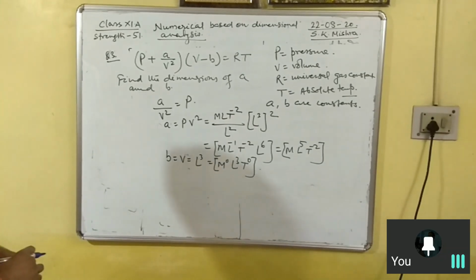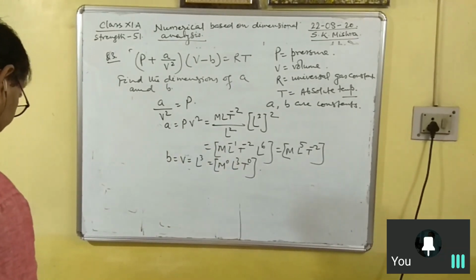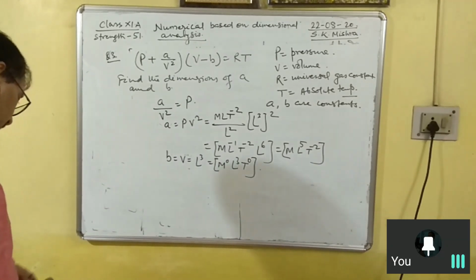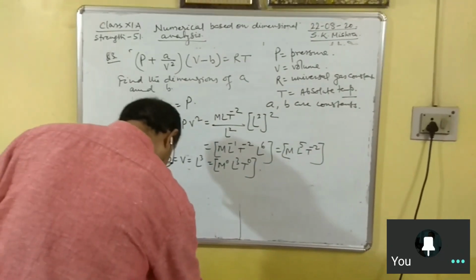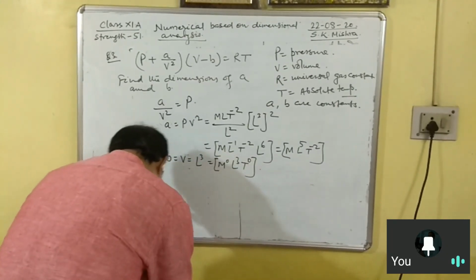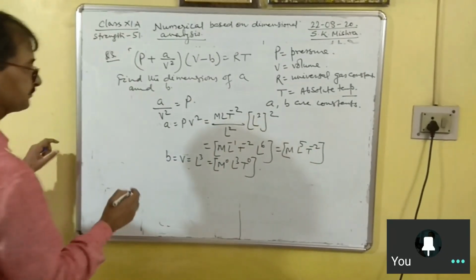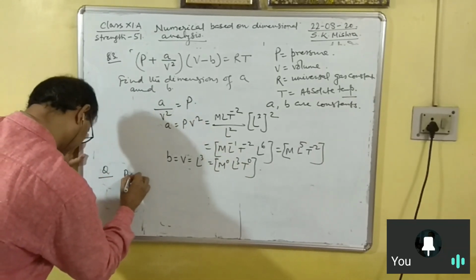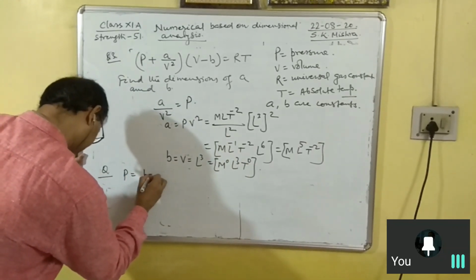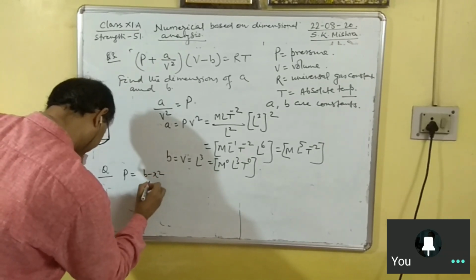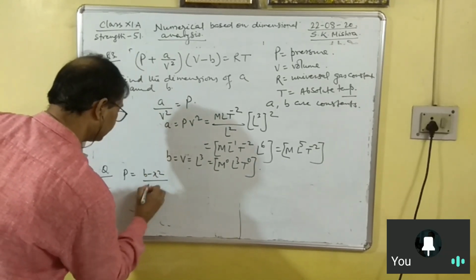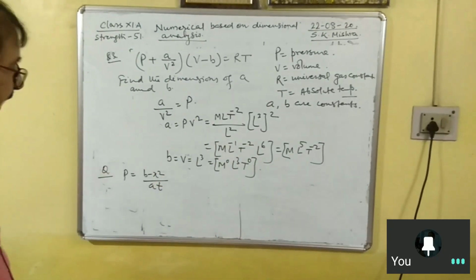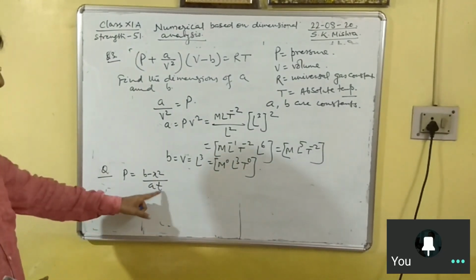Now once you know the dimension of these physical quantities, you can solve another type of problem also. I am starting another problem. Pressure P is equal to B minus x square by A into T. P is pressure, x is distance, T is time.